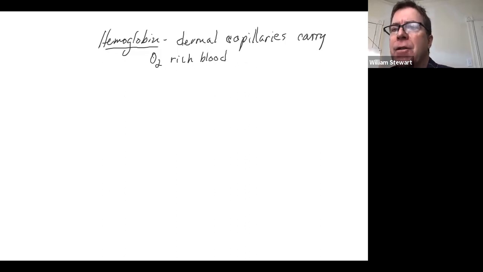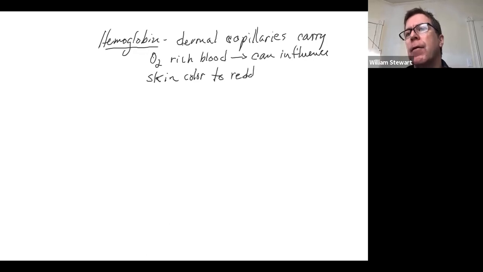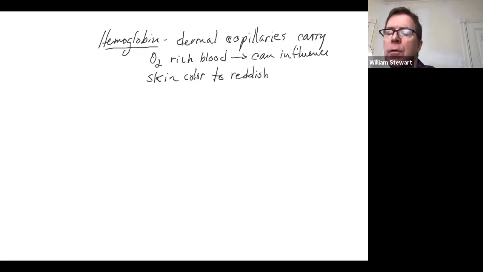So the blood vessels that are closest to the surface of our skin, is what this statement is saying, can influence skin color, particularly in fair-skinned people, to a reddish color. So it's more obvious in really fair-skinned people.